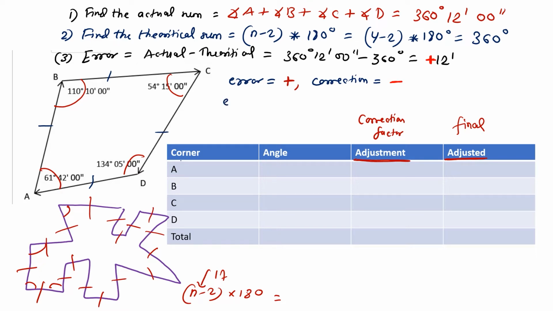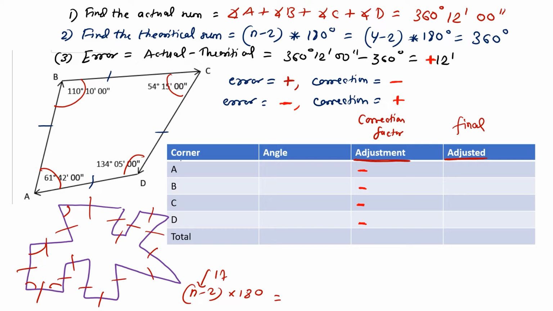And if the error is negative, then your correction would be positive, right? So here you can see that our error is positive, so our correction should be a negative value. Some value, but the sign would be negative.